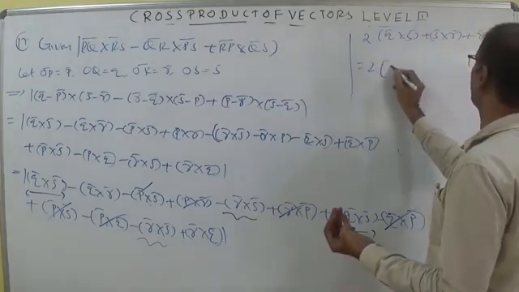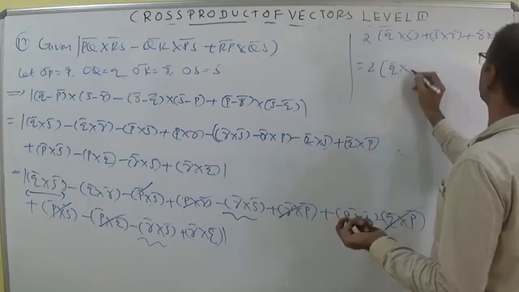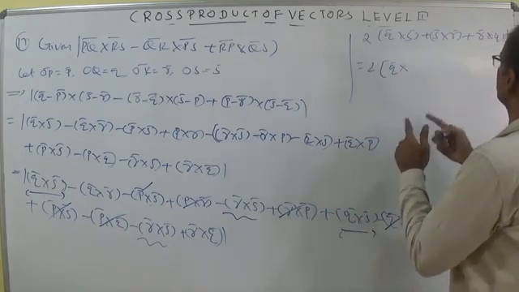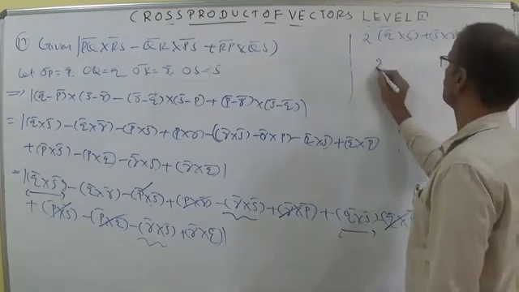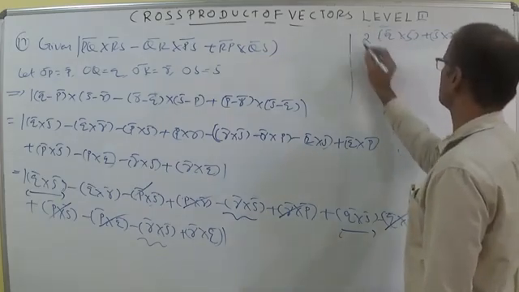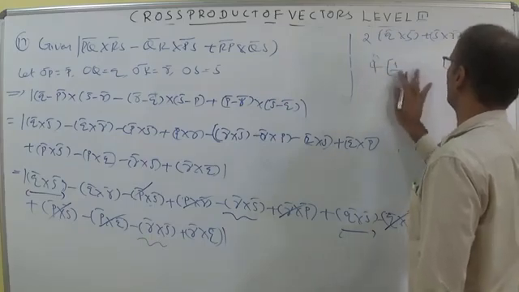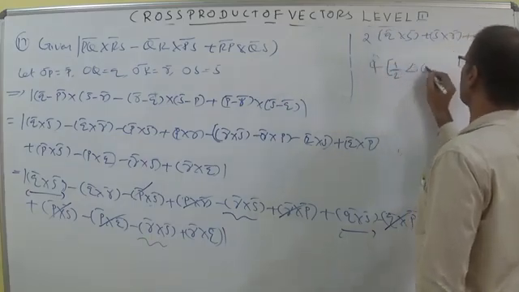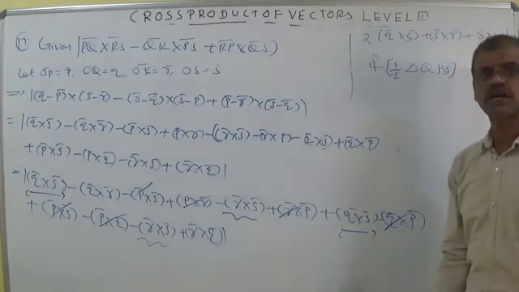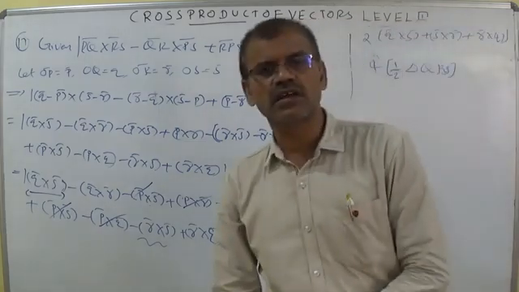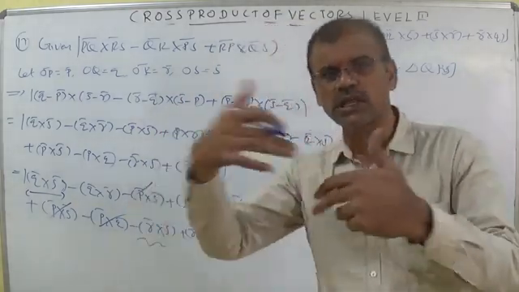So if you write the order, let us try to understand Q cross R, R cross Q like that. Yes, Q R S is there. Directly you can write 2 into 4 into 1 by 2 into delta QRS. Previously I said that delta ABC is A cross B plus B cross C plus C cross A in an order.